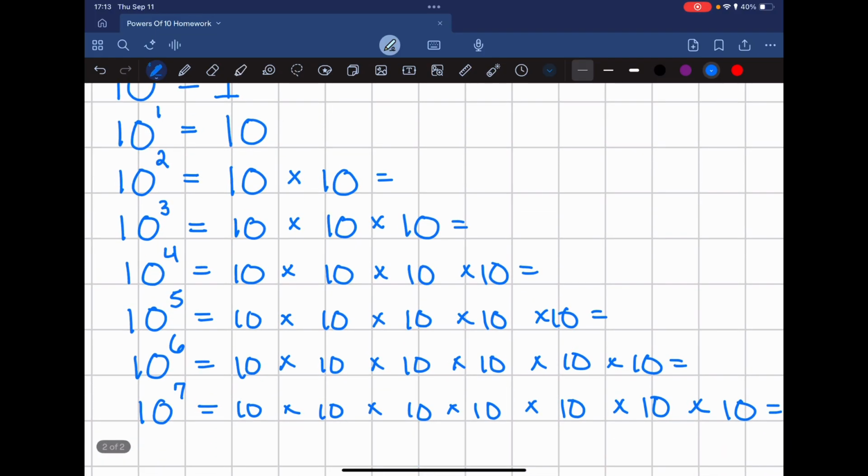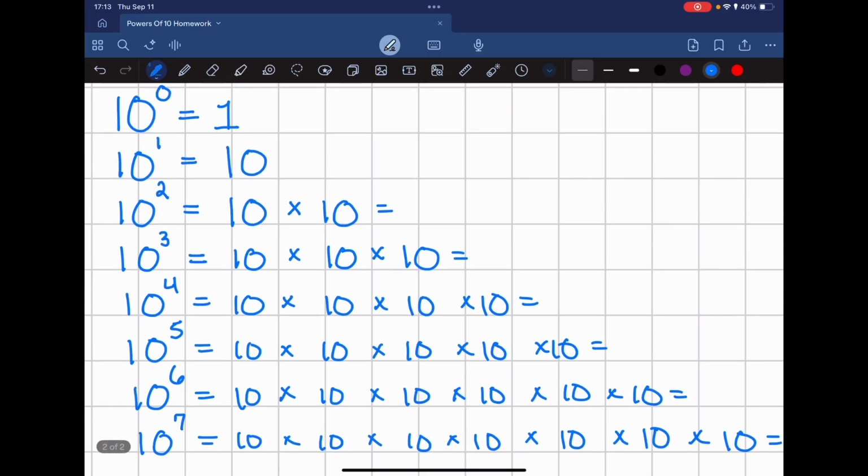What you should notice also is that 10 times 10, most of us know, is equal to 100. The correlation that we will start to see is that whatever this exponent is, it's kind of a cheat code. It will tell us how many zeros will come after this 1 in our final product.